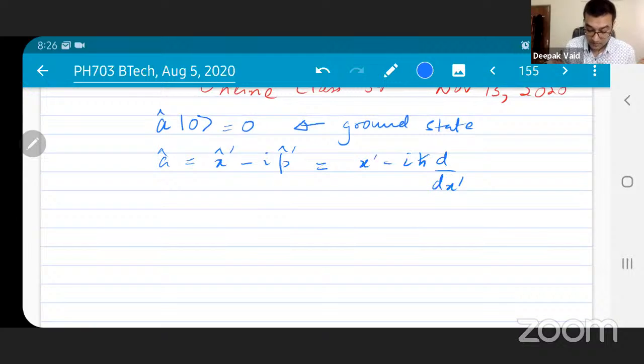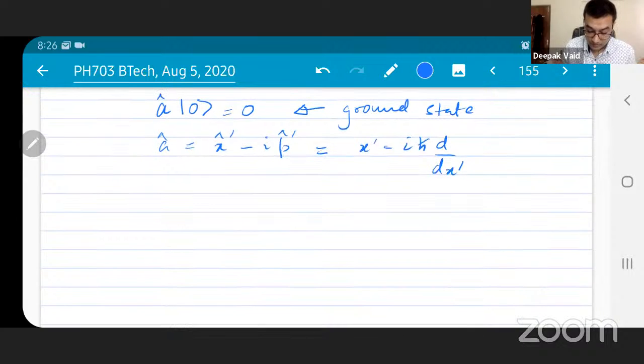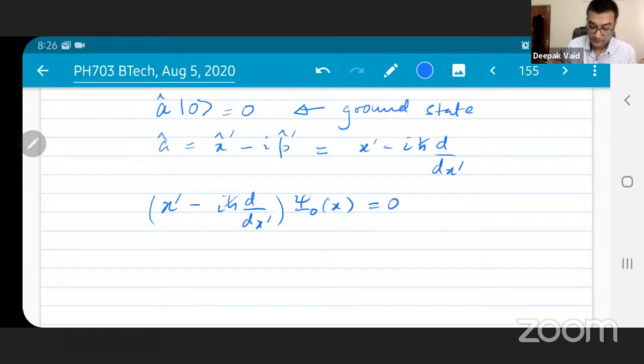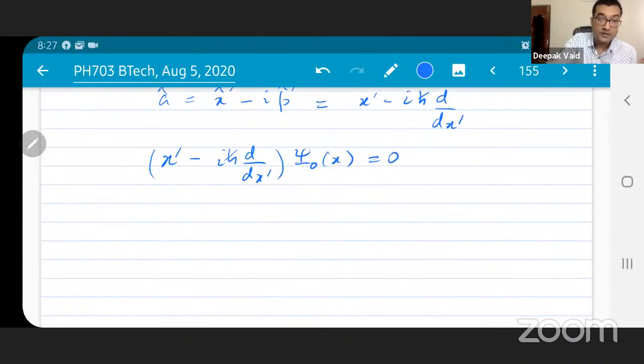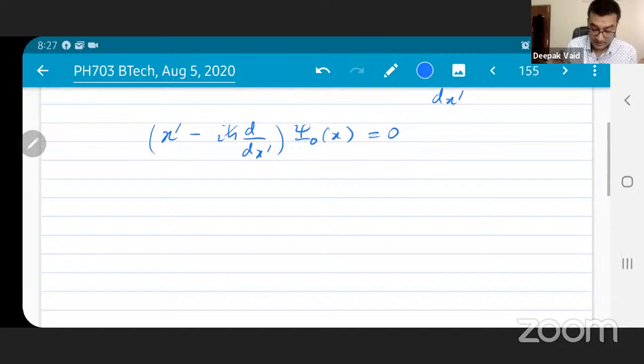So if you ask what is the equation that is satisfied by the ground state, it is A psi naught of x equals 0. And this equation has a solution which is a Gaussian.